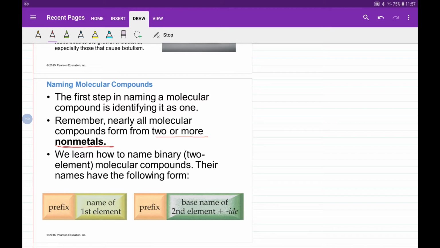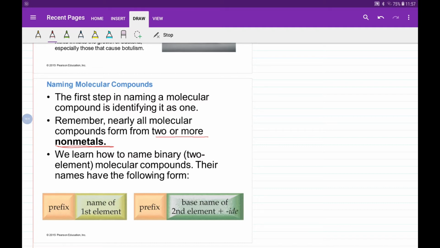Unlike ionic compounds, where the charges indicate how many electrons have to be transferred from one species into another, therefore we can come up with the formula, and there's only one formula to describe the combination between the cation and the anion. In molecular compounds, there are many, many different combinations at which these things come together.